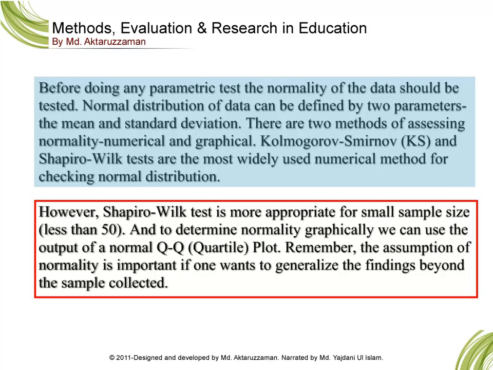And to determine normality graphically, we can use the output of a normal QQ quartile plot. Remember, the assumption of normality is important if one wants to generalize the findings beyond the sample collected.